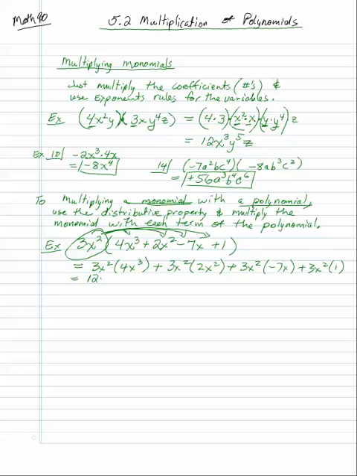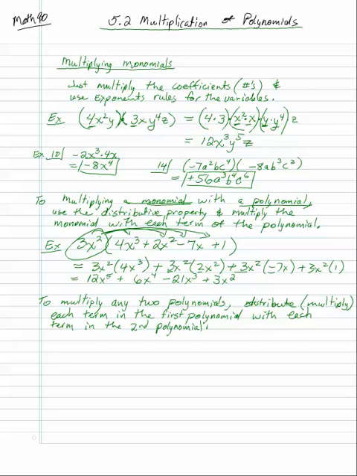So we get 12x to the fifth plus, then the next term, 3 times 2 is 6, x to the fourth, 3 times negative 7 is negative 21, x to the third, and then for the last term, 3 times 1, it's just 3x squared. And there you go.